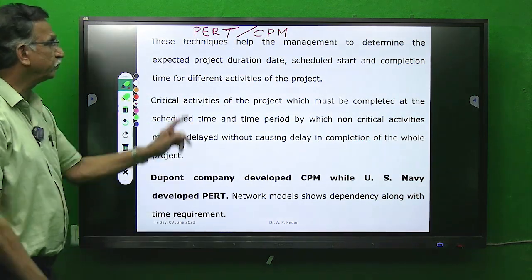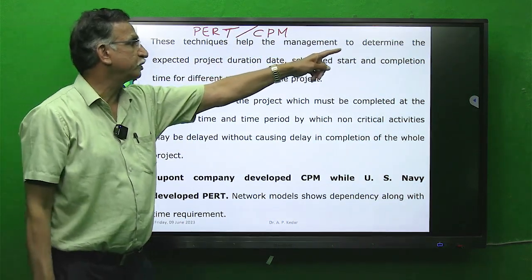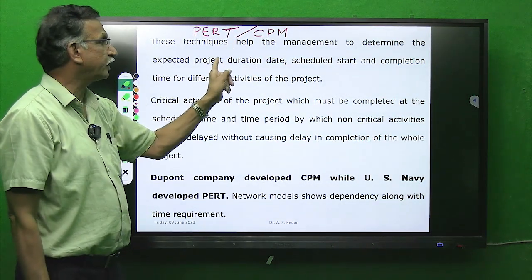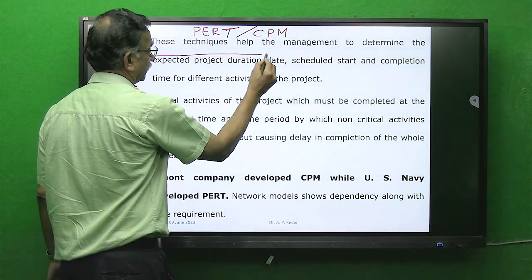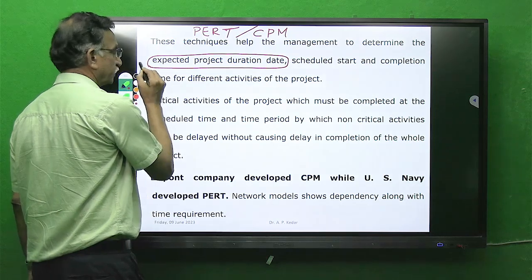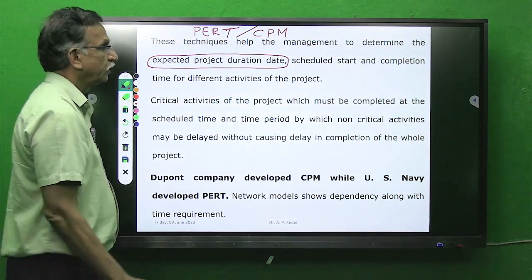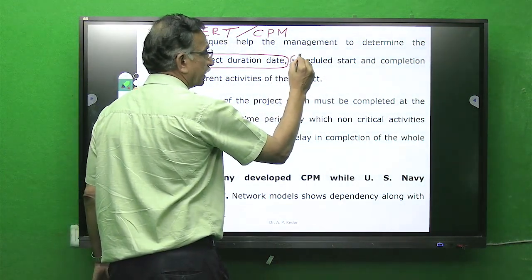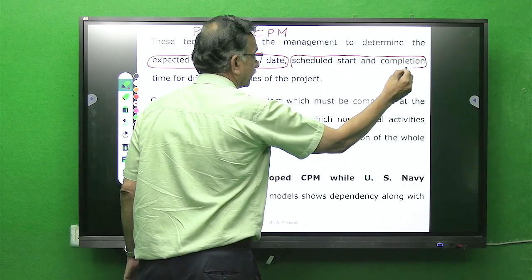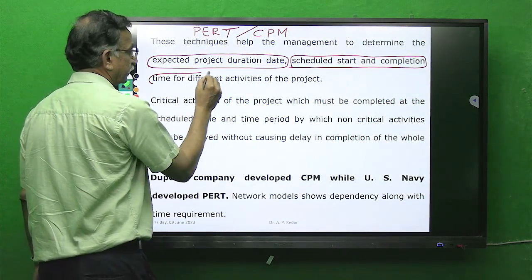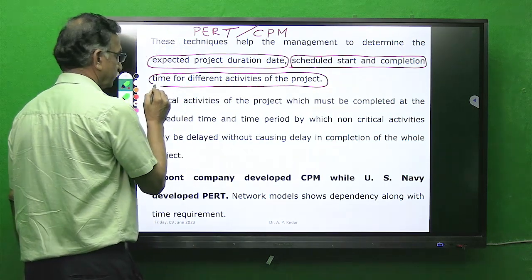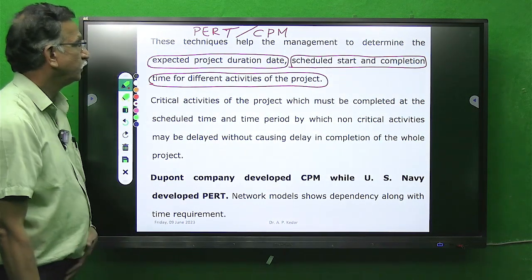PERT and CPM, these techniques help the management to determine expected project duration. Very important. Expected project duration date, and its scheduled start and completion time for different activities of the project. This is very important.